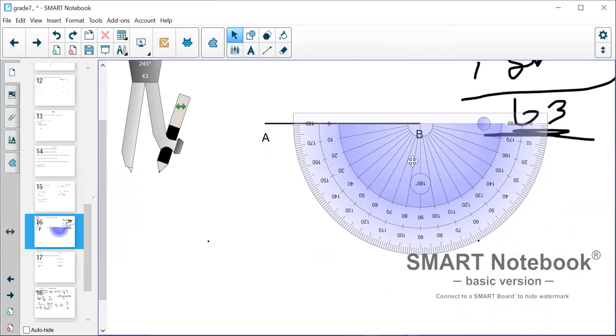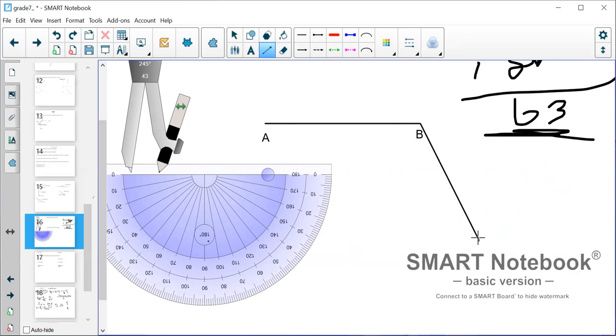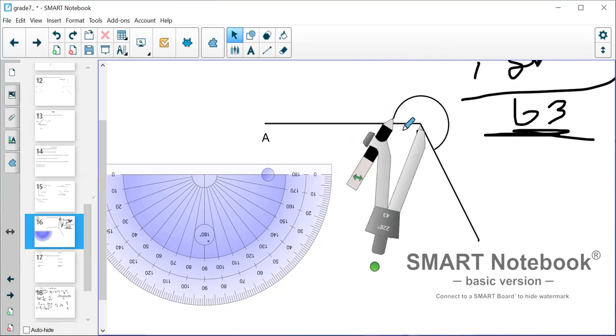So 180 plus that 63 will give you 243. And you simply draw your line. And of course, you need to now indicate where the angle actually is, which is here. Right, so you mark that there.